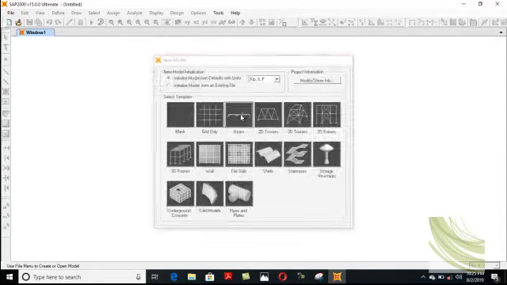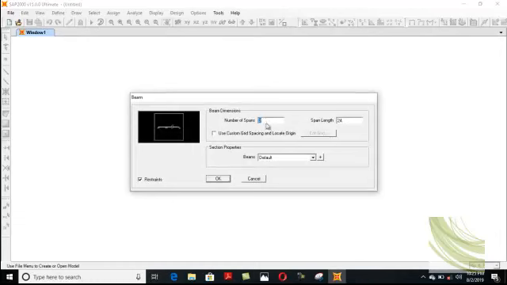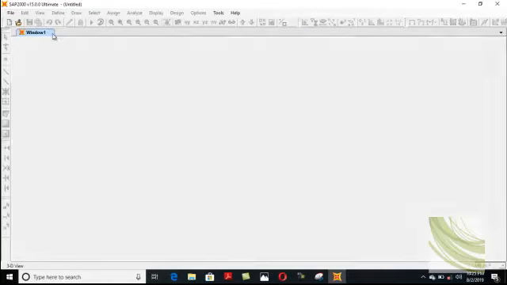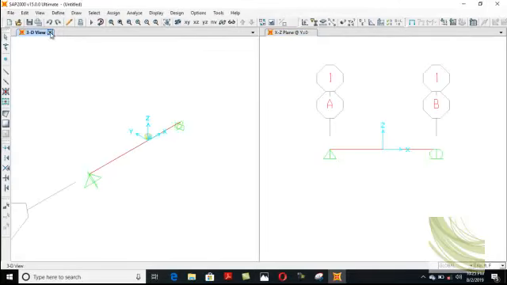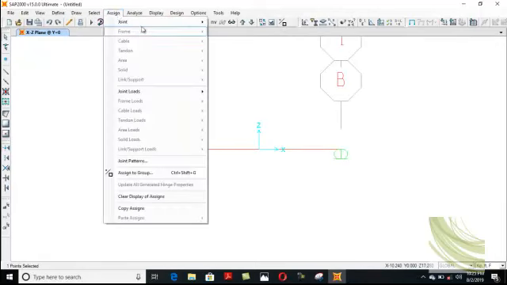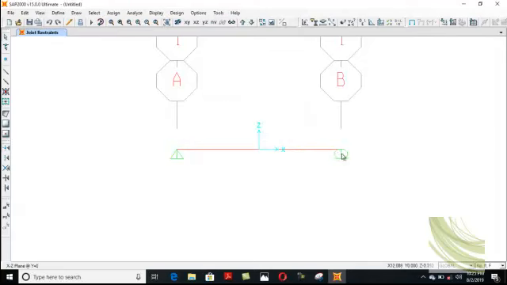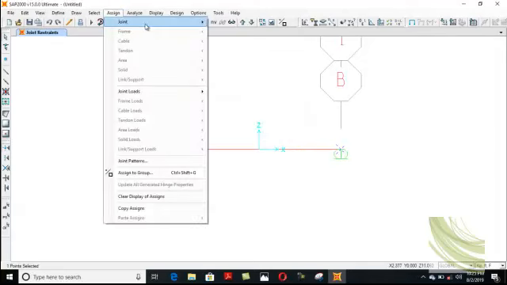we have a beam, clear, having one span, a length of, you can say, 26 feet. Okay, and let's check it.